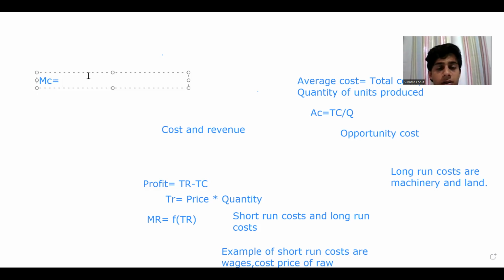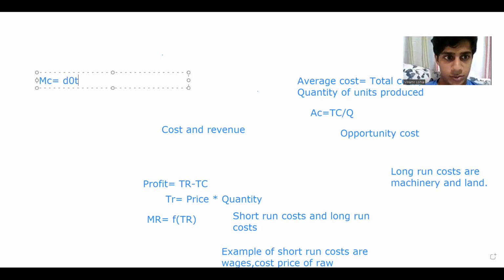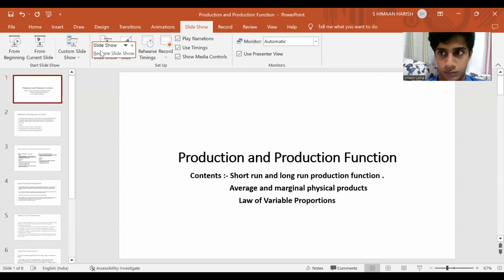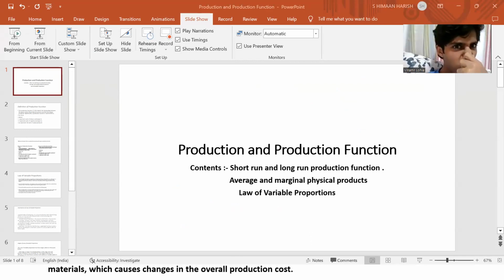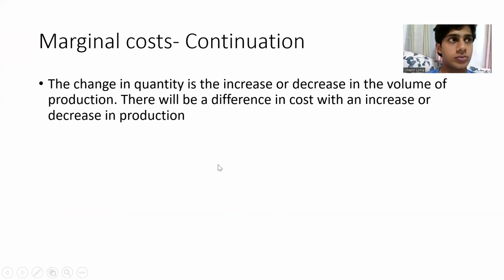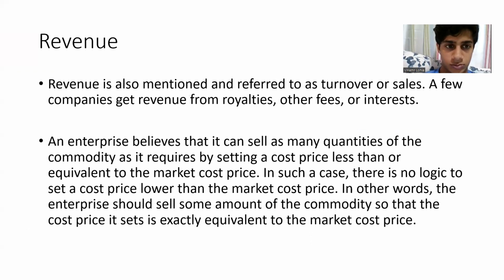Delta C by delta Q. So for marginal cost, there'll be no difference in cost with an increase or decrease in production.